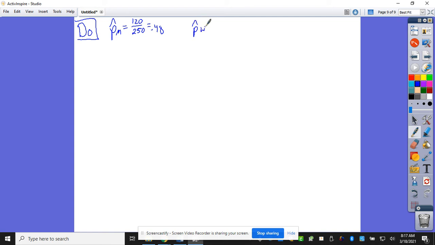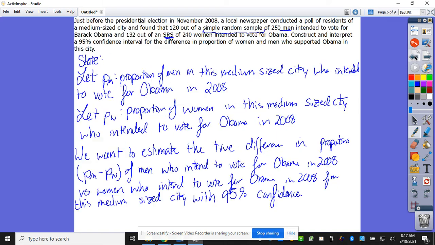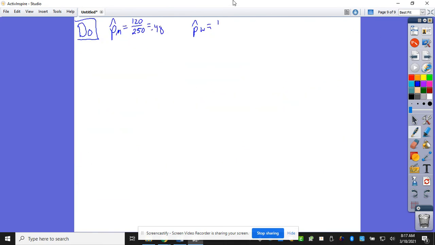We've got P hat W is 132 out of 240, which is 0.55. Our N for men was 250. Our N for women was 240. Our confidence level that we were given was 95%, which means that is a Z of 1.96.